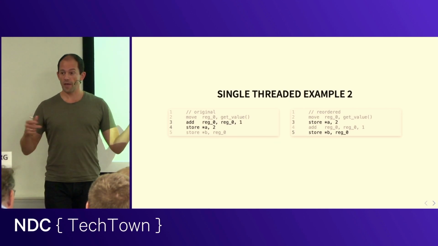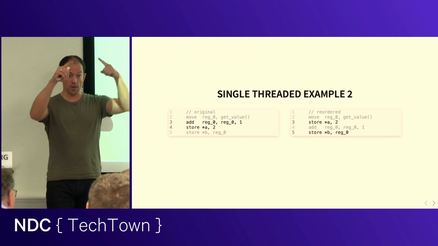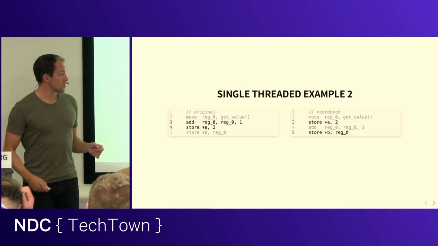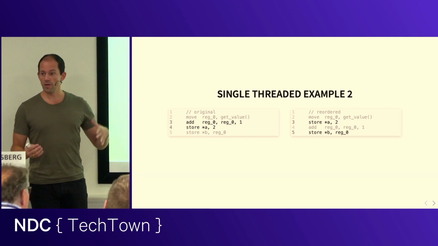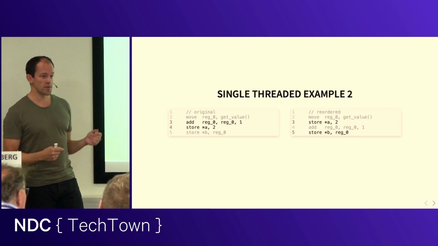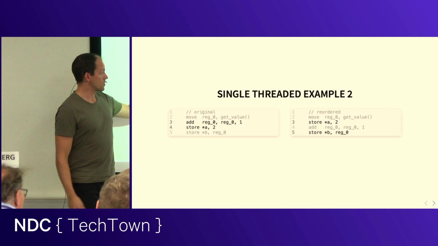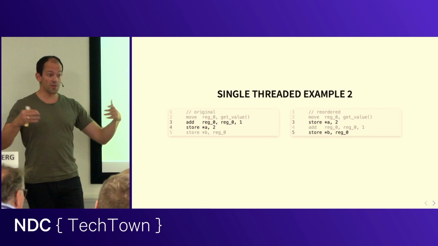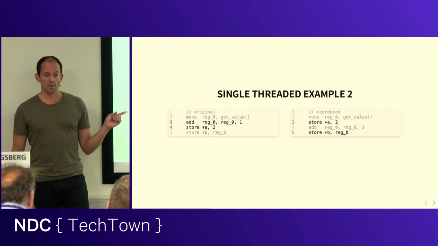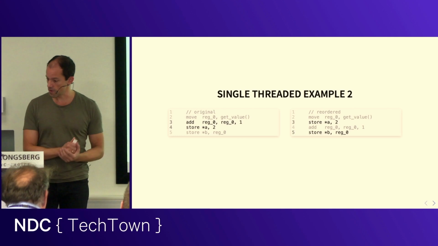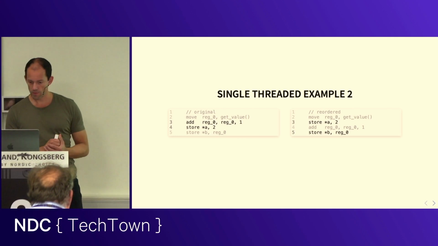You've got pointers A and B, but who knows, they could actually be pointing to the same place. So if you store 2 first and then reg 0, then that memory location is going to be reg 0. If you do the other way around, then that memory location is going to be 2. So if you swap the order of the stores and they happen to point to the same place, you just broke the code. So you cannot swap those.